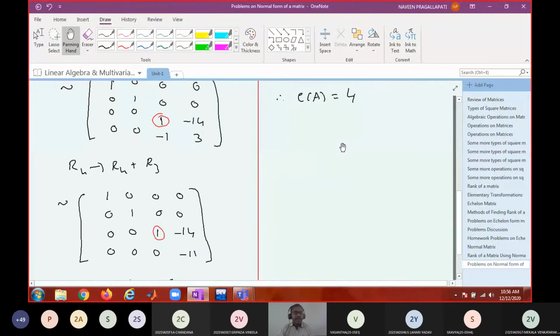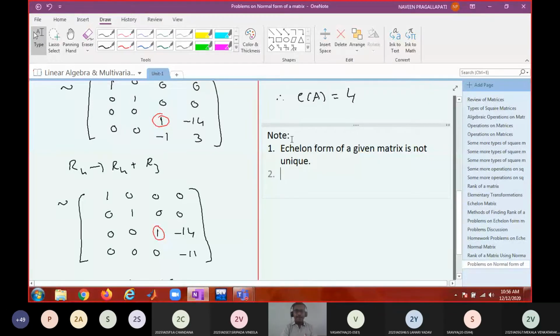Okay, so you write it as a note. What is our understanding? First one, echelon form of a given matrix is not unique.